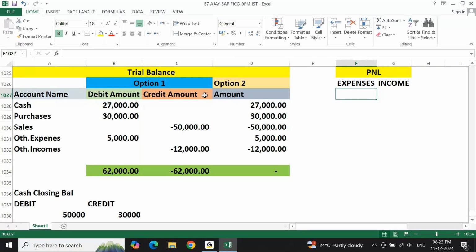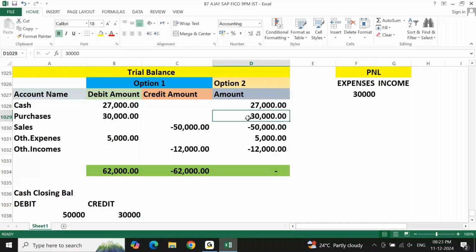From your trial balance, what are all the expenses? Purchase and other expenses. Purchase, how much? 30,000. In the trial balance, it is a debit balance, so it will go to the debit side, 30,000. The reason I am not writing the name is that when you look at it, I want you to relate it with this trial balance.